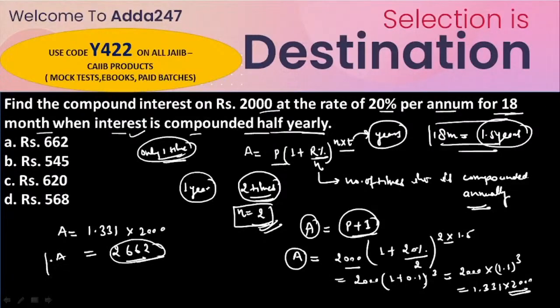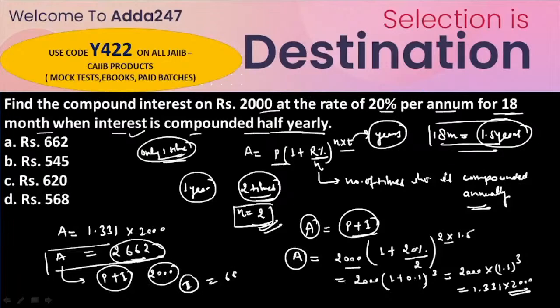This is the final amount, and this amount is equal to principal plus interest. Our principal is 2000, so the interest would be 662 rupees. That's how we solve these kinds of questions in the exam.